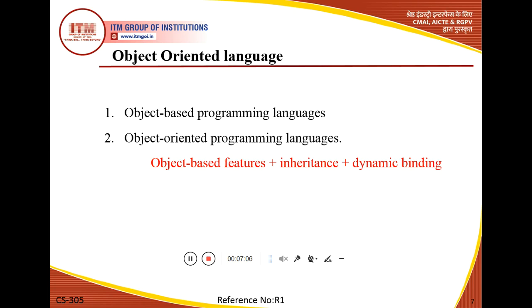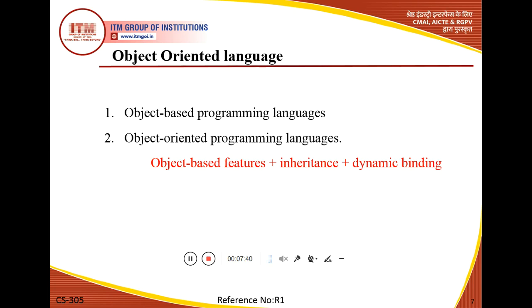If we use an object based programming language, it will support encapsulation and the object identity concept, so it is called an object based programming language. Ada is an example of an object based language.